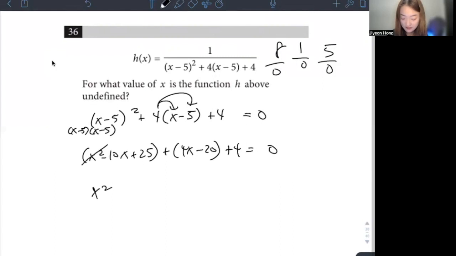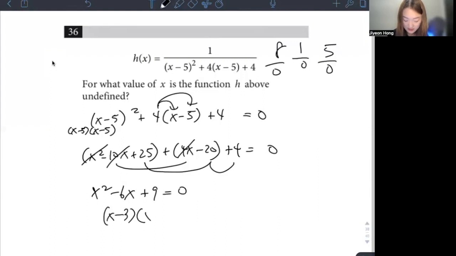Then we have negative 10x plus 4x, which is negative 6x. And then we have 25 minus 20 plus 4, which is just positive 9, is equal to 0. And when we factor this, x minus 3 times x minus 3 equals 0. We can solve for the x value at which this function is undefined, which is x equals 3.